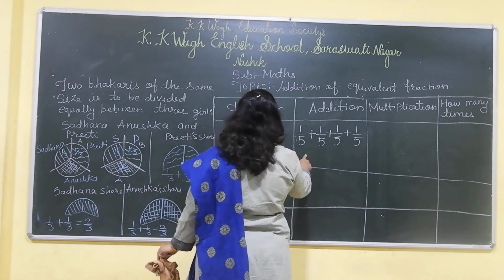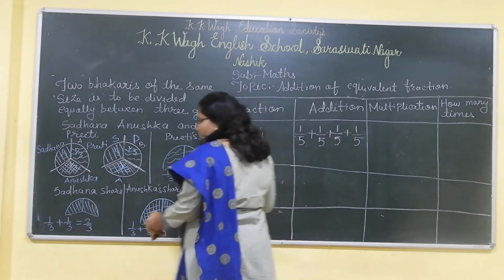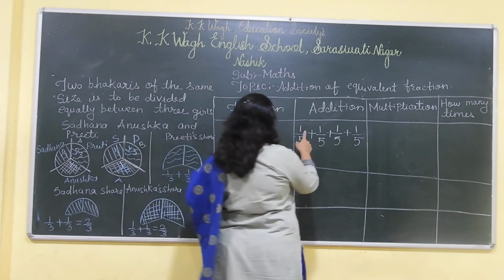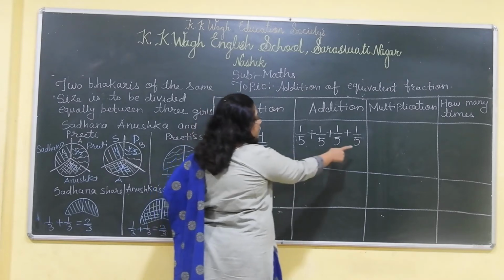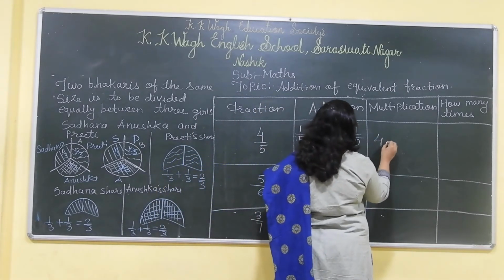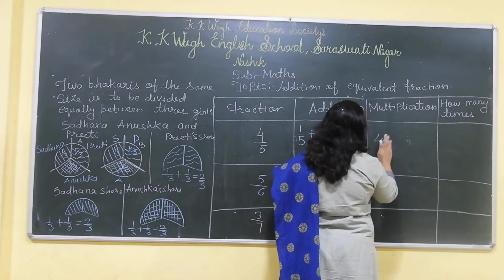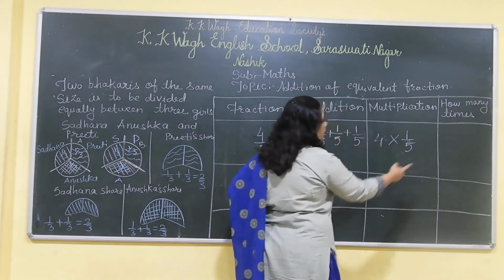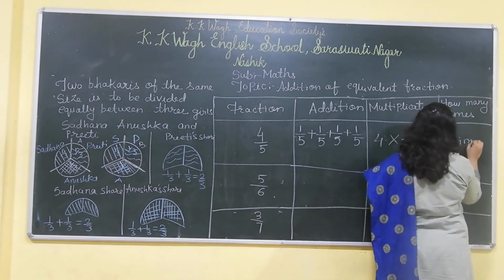If we add 1, 2, 3, 4, we will get 4/5. If we write it in multiplication form, it will be 4 times, 4 into 1/5, and we read it 4 times 1/5.